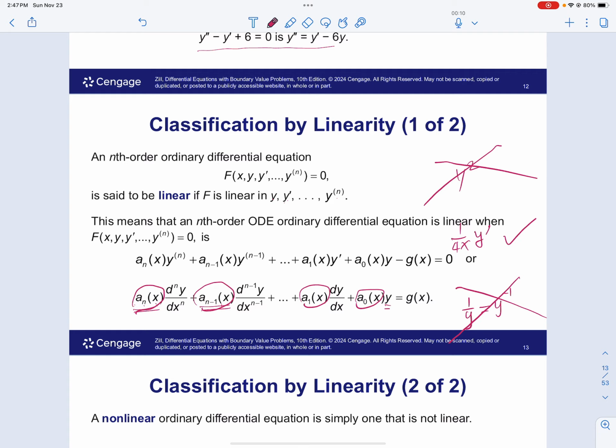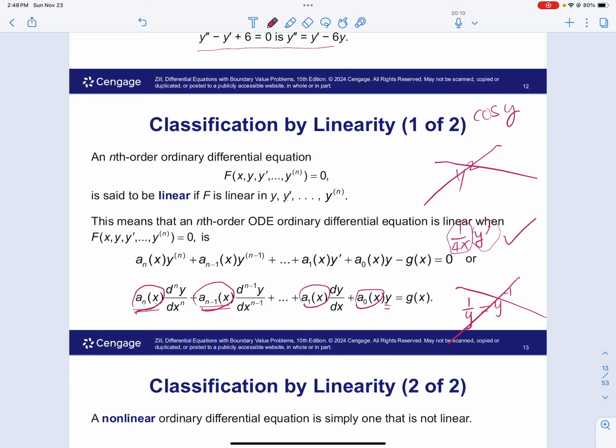This is perfect, because this is y prime, and this is a function of x. For a function of x, we can have whatever it looks like. But for y, you can only have y or y prime. And for x, you can do whatever. Another one: could we have cosine y?